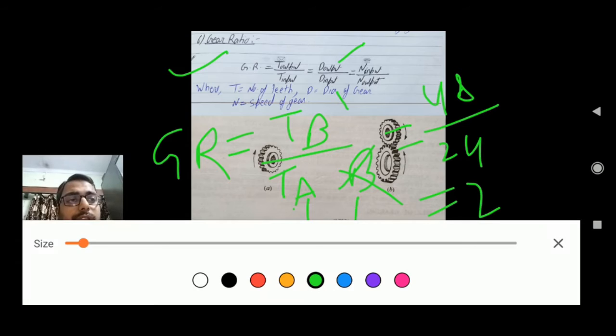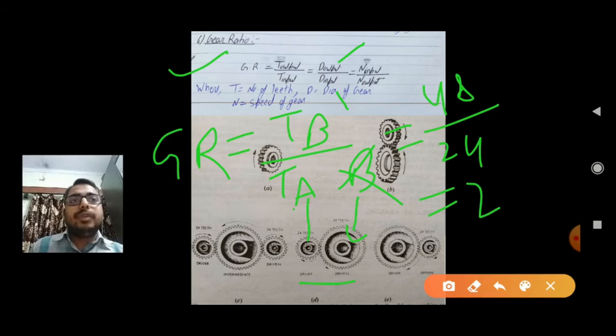In terms of speed, the ratio is just the opposite: gear ratio is equal to n input divided by n output, meaning the speed of the driver gear divided by the speed of the driven gear.